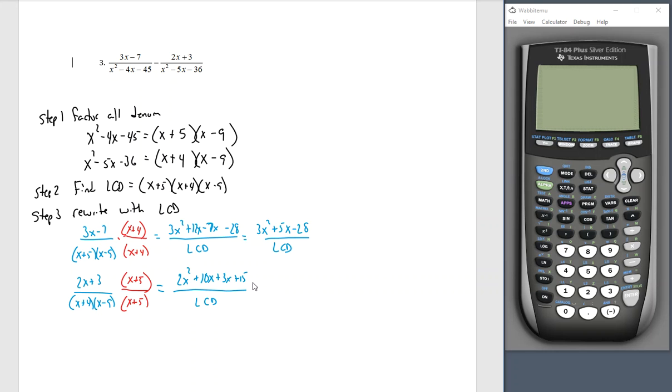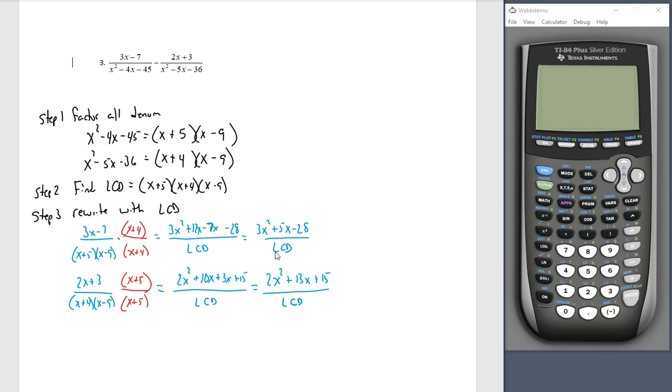Now that we have the common denominator, we save it until the end. We don't really write it again. It gets confusing. 2x squared plus 13x plus 15 all over that least common denominator.